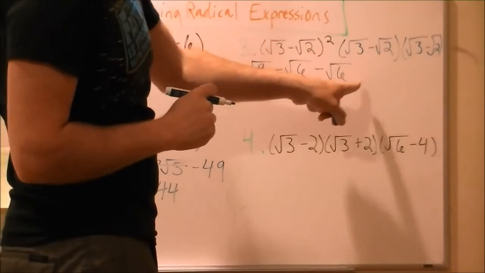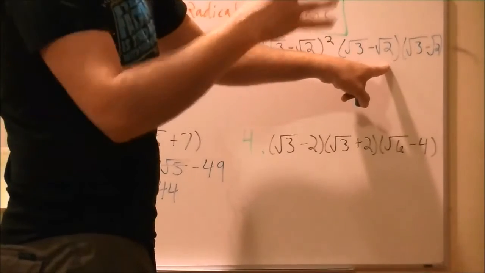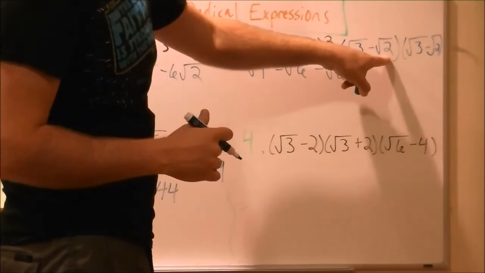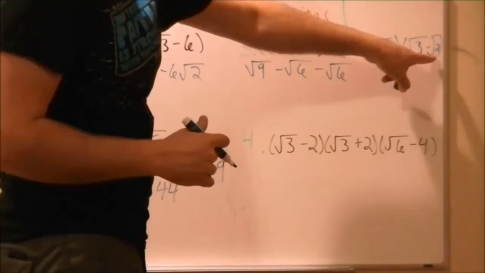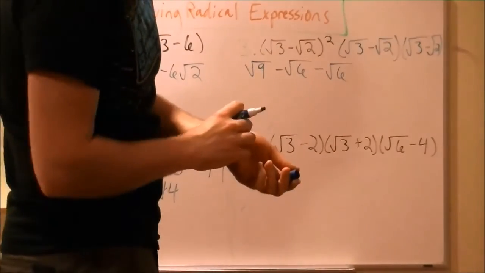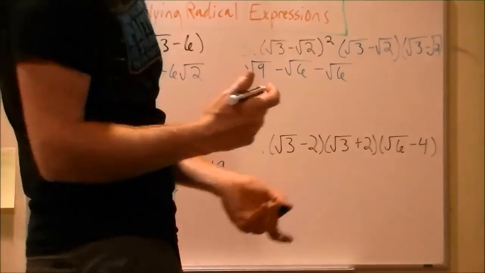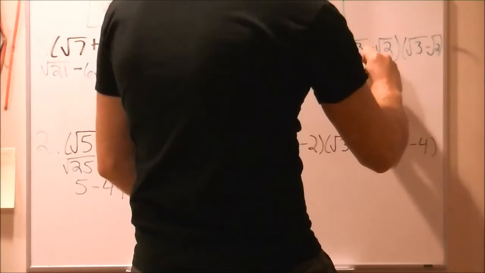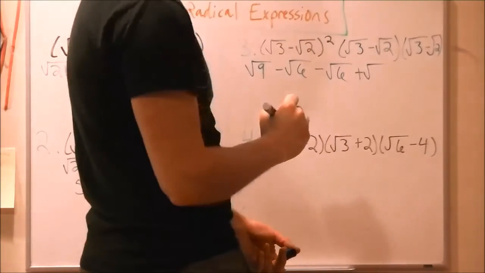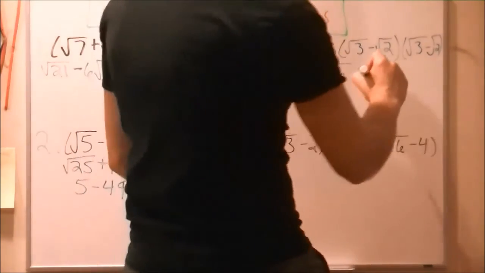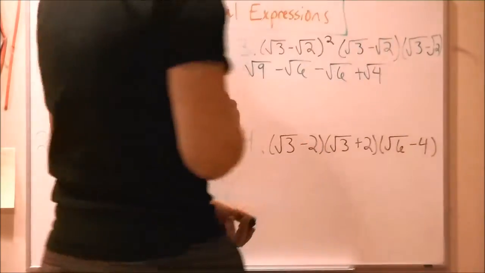And then, let's see, that's the one I just did, isn't it? I'm not drawing lines, so it makes it a little tougher. So my last one's going to be the negative square root of 2 times the negative square root of 2. The negative times the negative is going to make a positive, so it'll be plus square root of 2 times square root of 2, which is the square root of 4.